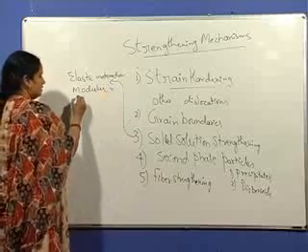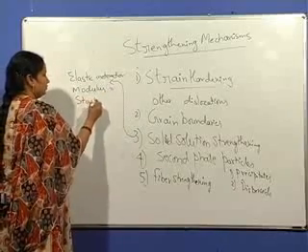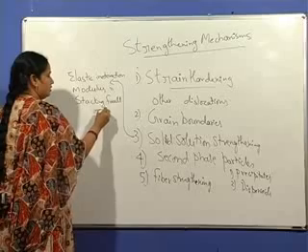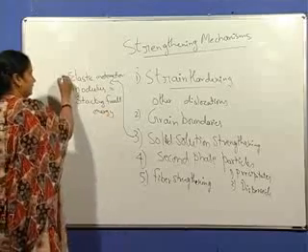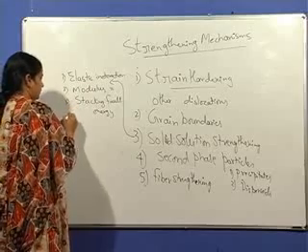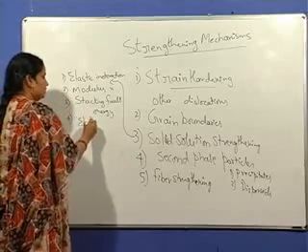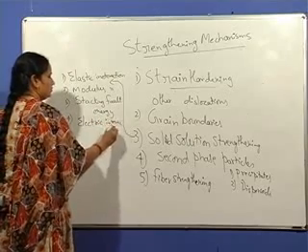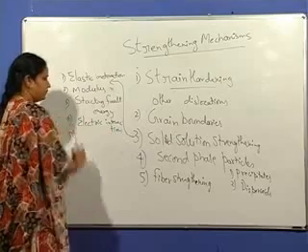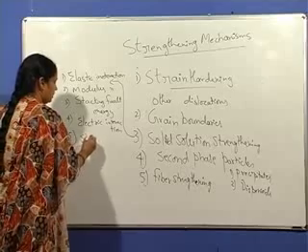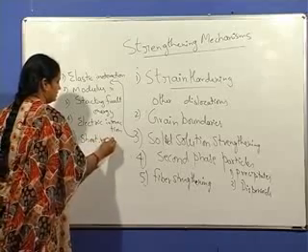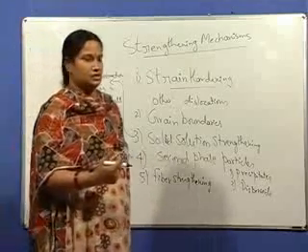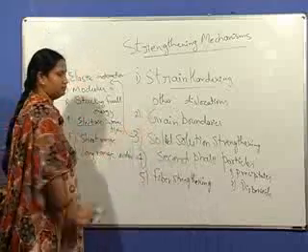The third is the stacking fault energy interaction. The fourth type is electric interaction. The fifth type is short range order, and the sixth type is long range order. So these are the various mechanisms of solid solution strengthening.